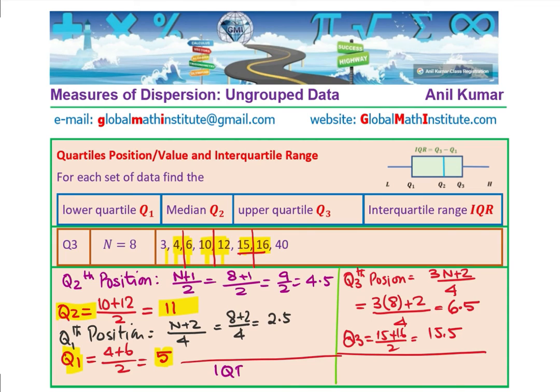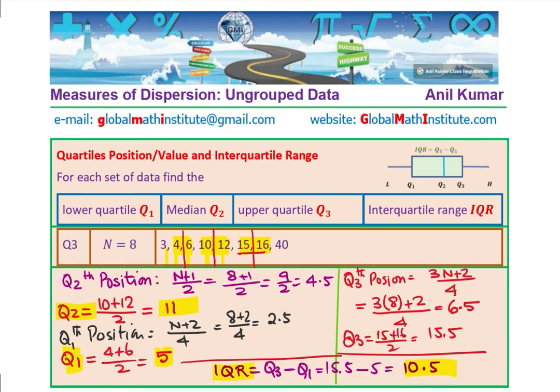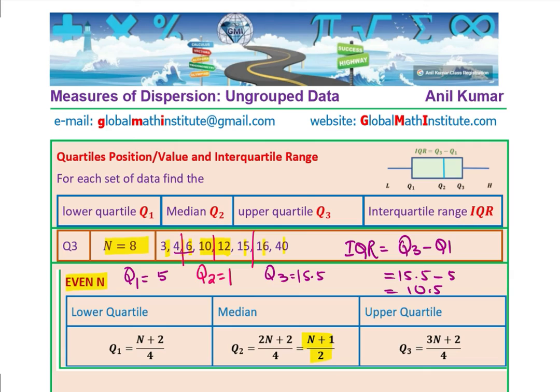IQR is basically equal to Q3 minus Q1, which is 15.5 minus 5 or 10.5. Clear? So even without formula, we had found these values. Do you see that? So I'll encourage you to look into the data and understand the concept.